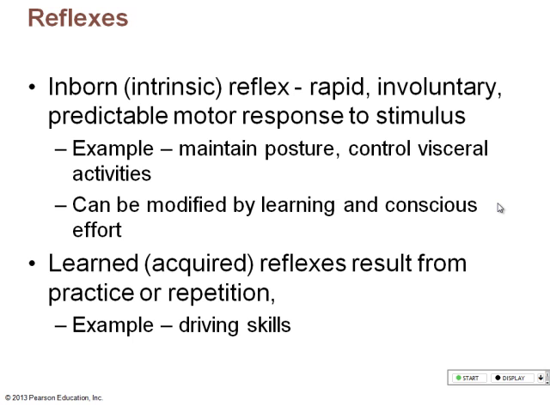When that happens to you the first time, you're either going to miss it or you're going to get hit by it, right? But you can train some of these reflex actions with repetitive learning. So learned and acquired reflexes result from practice or repetition. Any sport skill or playing an instrument, for example, falls into this category.